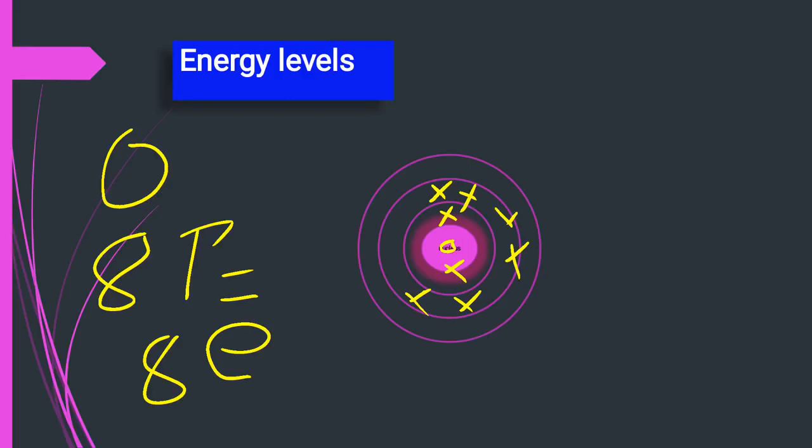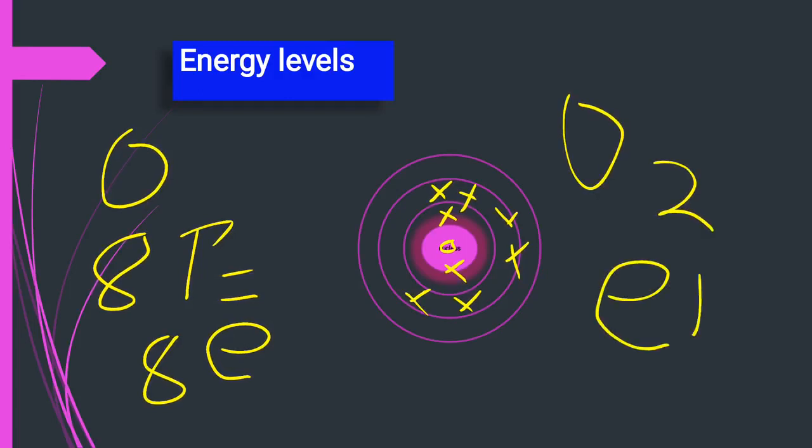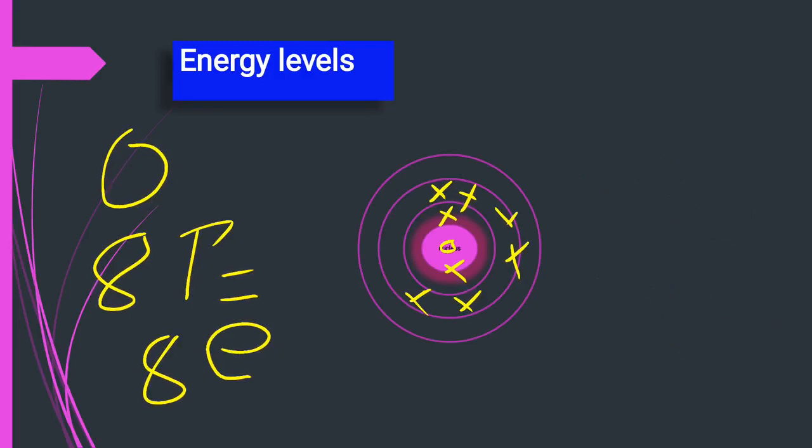That tells us that oxygen has 2 energy levels. Yes, oxygen has only 2 energy levels.